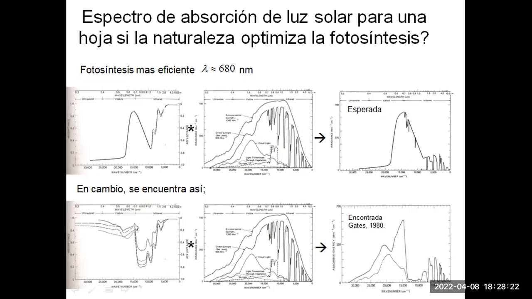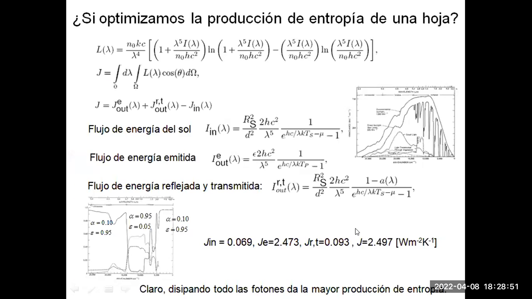We have this absorption spectrum over the whole range up until the red edge, and convoluting that again with the spectrum at Earth's surface, we get this. This is just putting this on top of this, and we get a spectrum which looks something like this. So they're quite distinct: what would be expected if we were optimizing photosynthesis, and the real case. And so what is the real case doing?